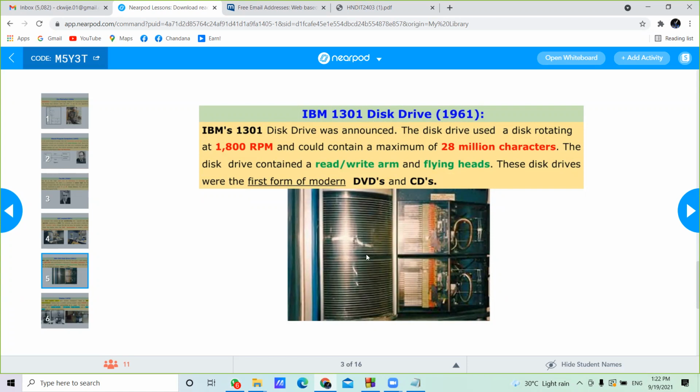Here you can see a picture of this IBM disk drive. Then you can write down some important points here. It says: the first form of modern DVDs and CDs.